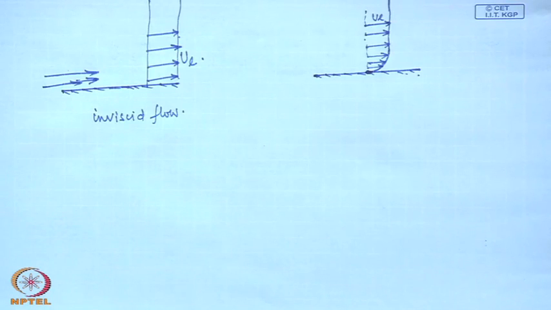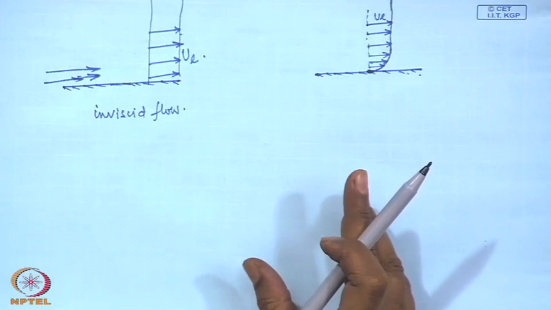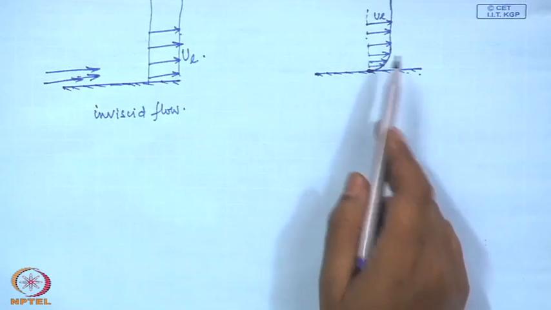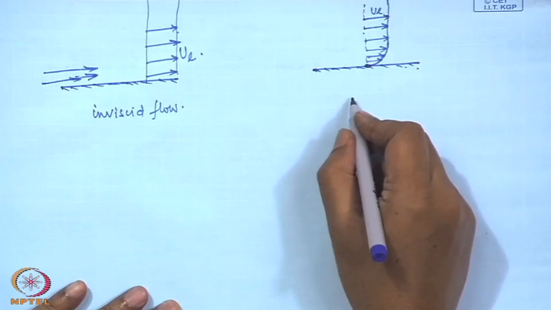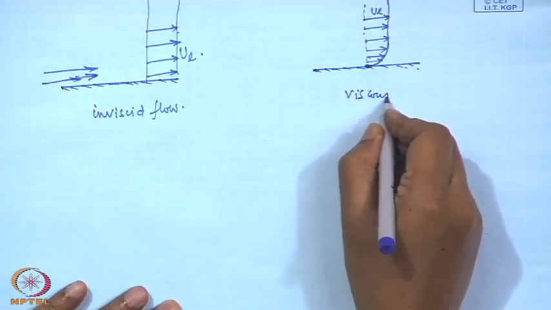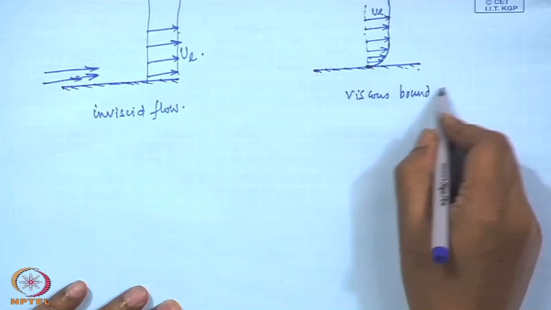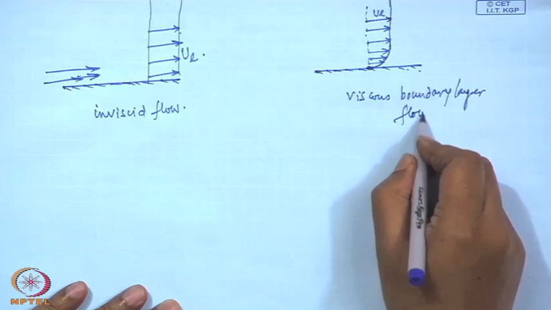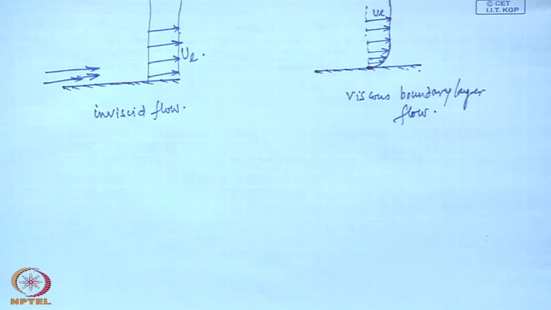Can you see now that due to the presence of this boundary layer or due to this viscous effect, the total mass flow will be a little less in this case. You see that there is a deficit or defect in the total mass flow. In an incompressible flow, mass flow is equivalent to volume flow.